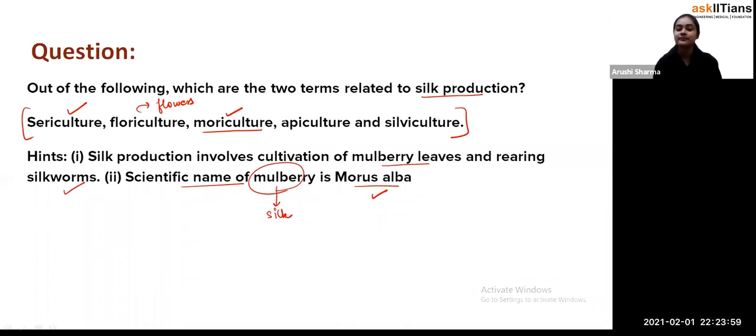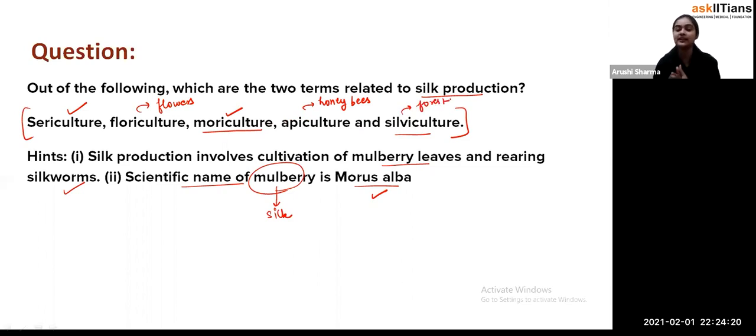Now apiculture is a process in which we rear honeybees, because we have to get honey, so the apiculture process is related to honeybees. Silviculture is the process of maintaining forests, like forest, trees and plants.